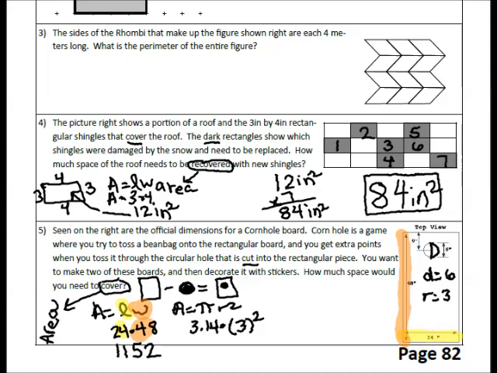So my radius is 3, and I'm going to perform that exponent first once I put that 3 in for the radius. So 3 times 3, or 3 squared, is 9, and we have 3.14, or pi, times that 9, and we're going to end up with an area of our circle being 28.26 inches squared.